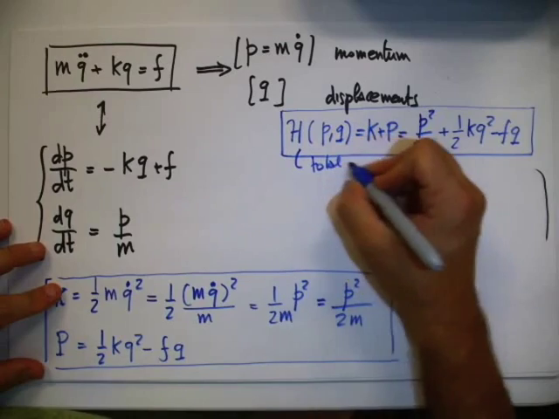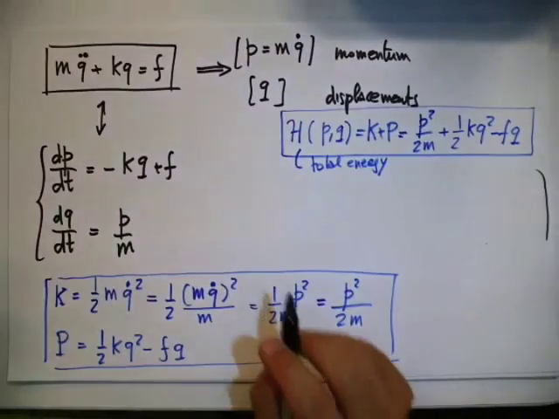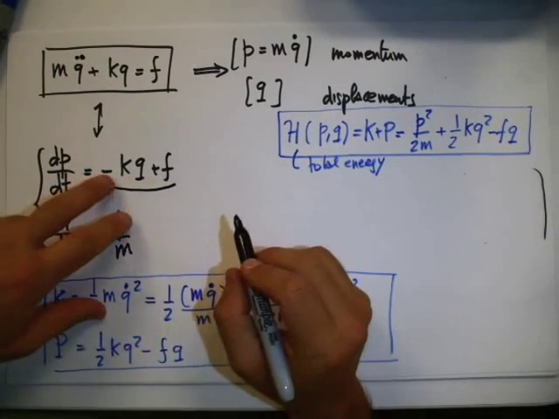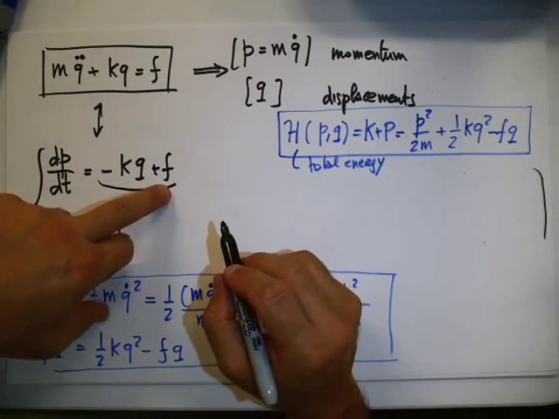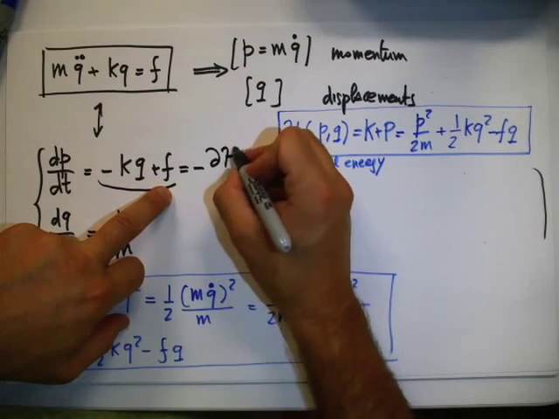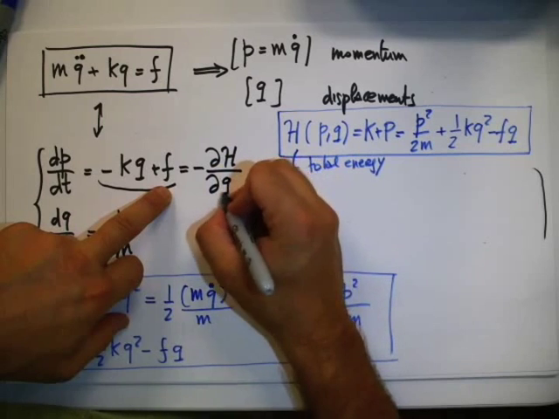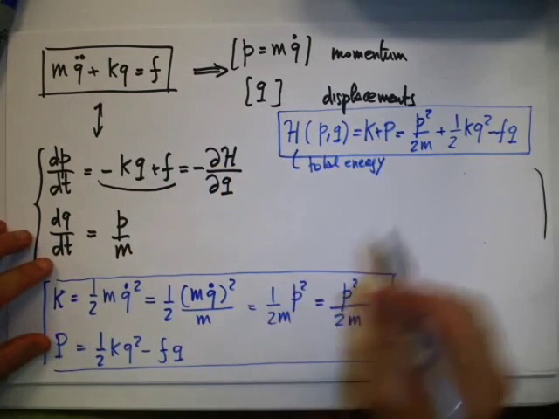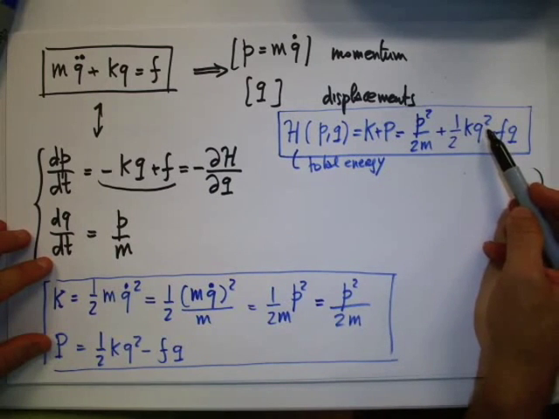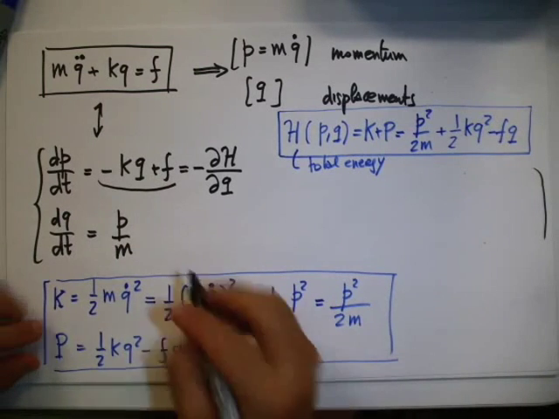This is my total energy. But now it is easy to see that this term here, minus k q plus f, is simply minus the partial of the total energy H with respect to q. It's right, because I'm going to get minus k q plus f.